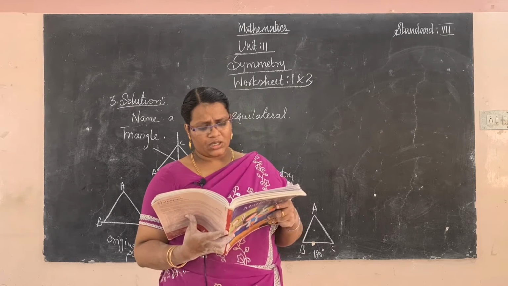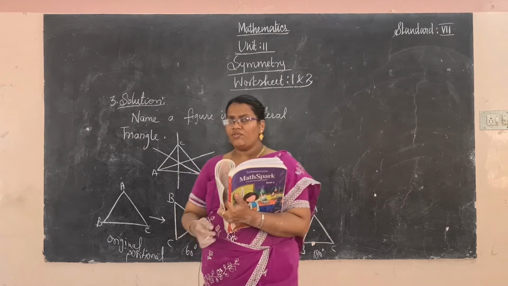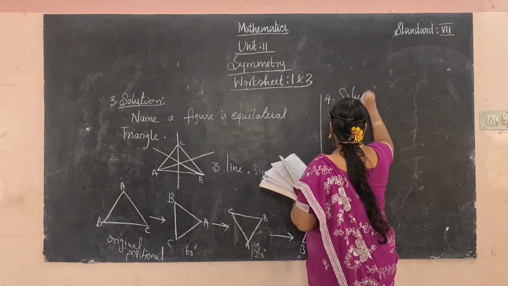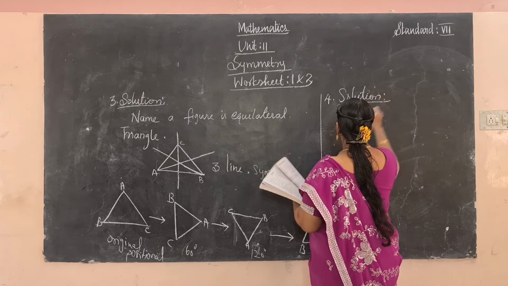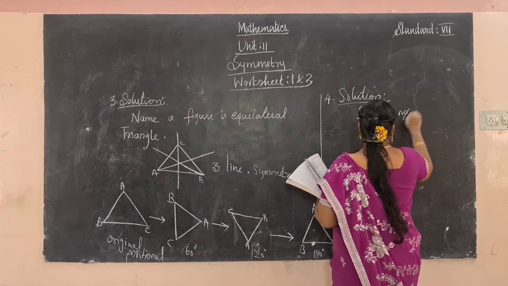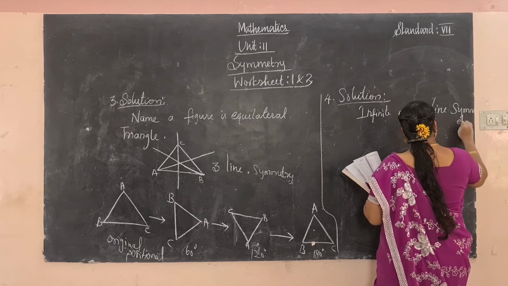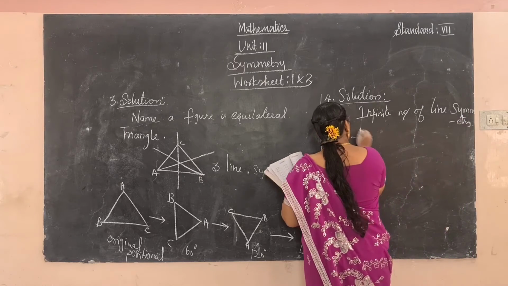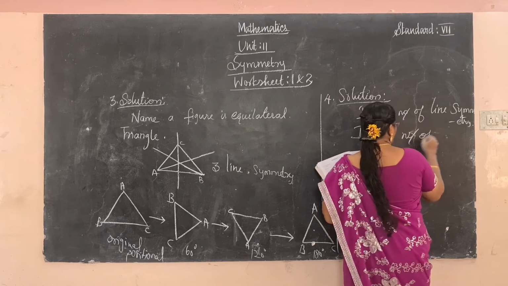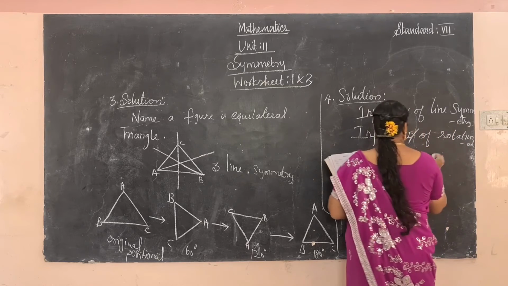There is an infinite number of lines of symmetry, and the order of rotation is also infinite. So the fourth answer is an infinite number of line symmetries and an infinite number of rotational symmetries.